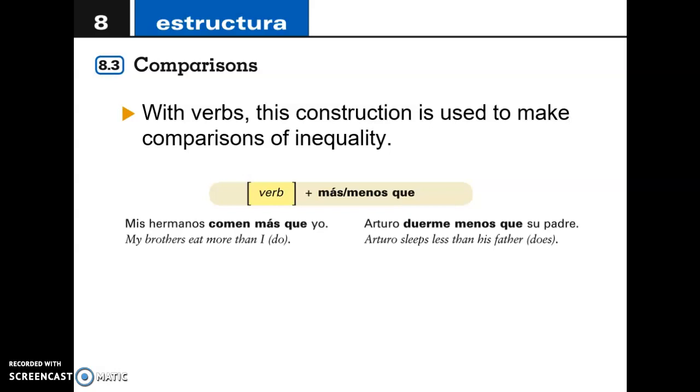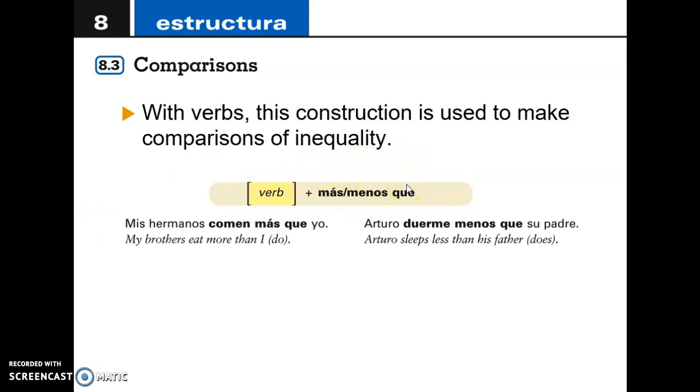We also have some constructions to make comparisons of inequality, right? Like we said, whenever we talk about a verb, whenever we want to say that I study more than you, that you eat more than me, that you run more than I do, that you exercise less than I do, or, these subjects can change. In this case, the verb is going to be in front of the word más or menos que.